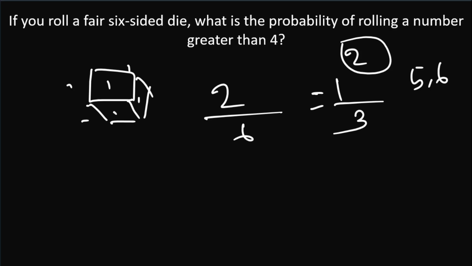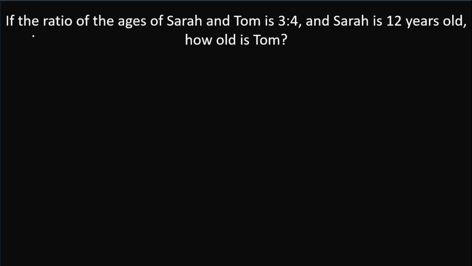Now come to the next problem. If the ratio of ages of Sarah and Tom is 3:4, equals 3 over 4, and Sarah is 12 years old, how old is Tom? So let's say Tom's age is x.